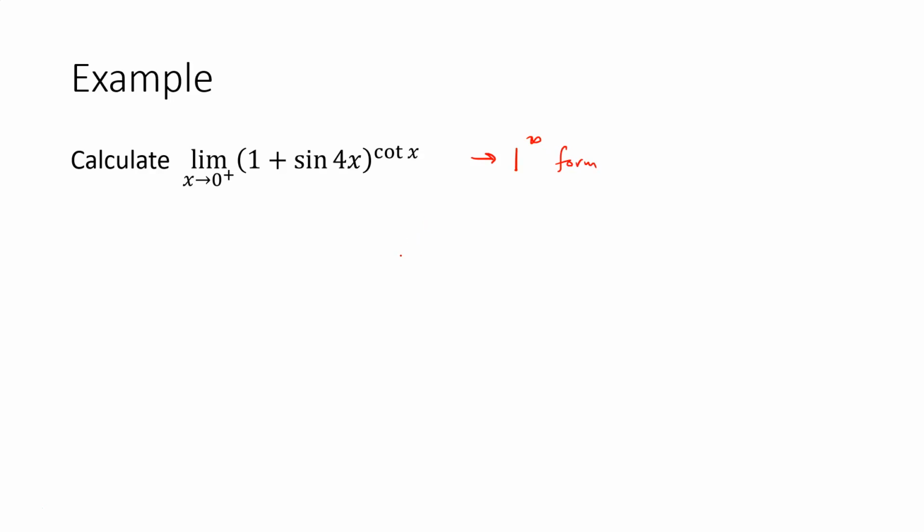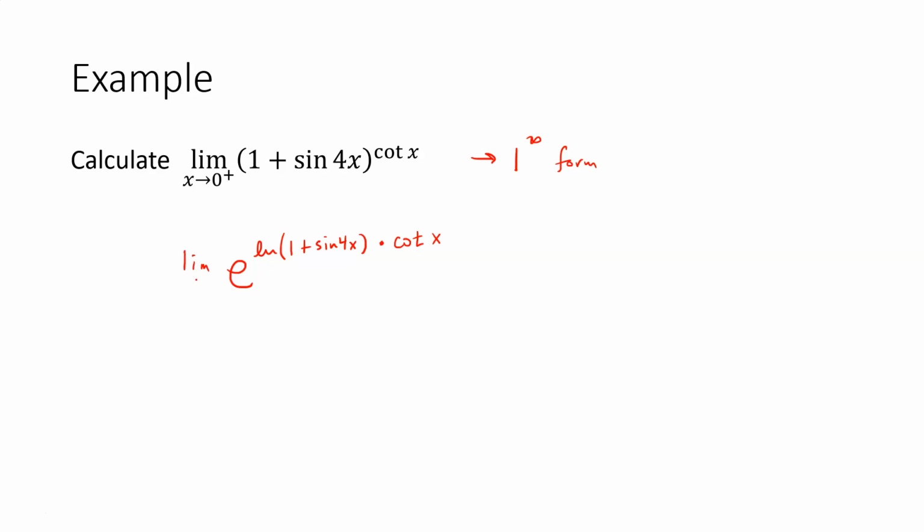Okay, so we're going to try and manipulate this a little bit somehow. So the way I'll do it is I'll take e to the ln of 1 plus sine 4x to rewrite that base 1 plus sine 4x, and then that will be multiplied by the power of cotangent x here.